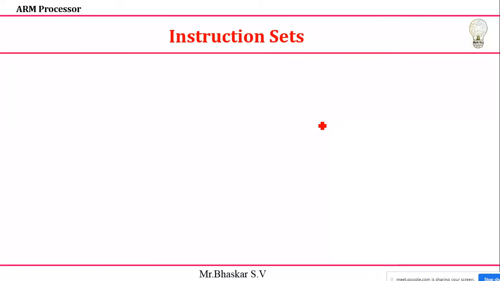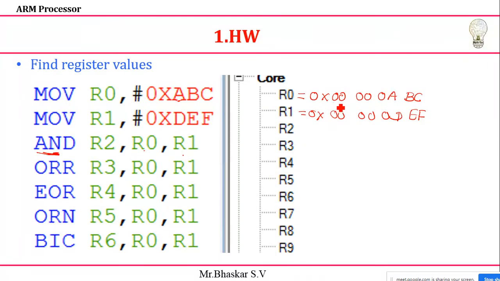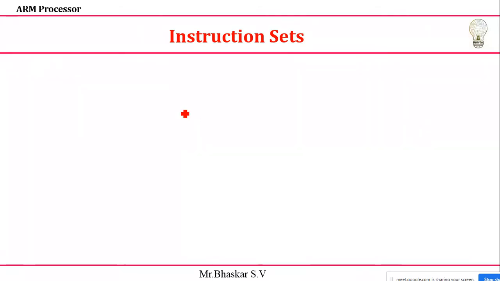So here I'm not bothered about these bytes right now because everything is 0. If you do the AND operation for this one, I'll get zeros only. I'll take these 2 bytes, 0ABC and 0DEF, for explanation purposes.